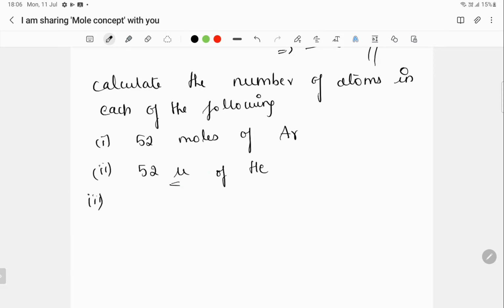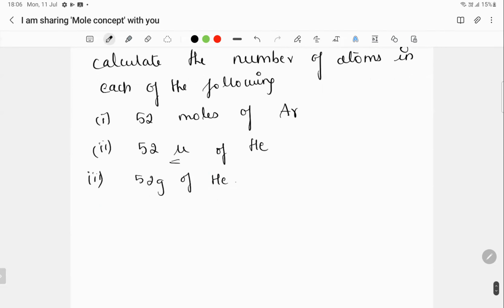This is your book back sum. Try it. Say your answer.